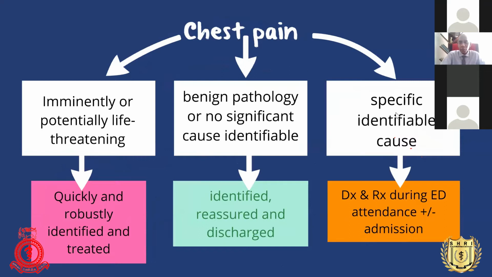And there are some other causes which have a specific identifiable cause which has to be managed, maybe in the emergency department, maybe in the inpatient ward, or maybe they can be discharged with some treatment. So our idea is to identify these three categories as much as we can without compromising patient safety.